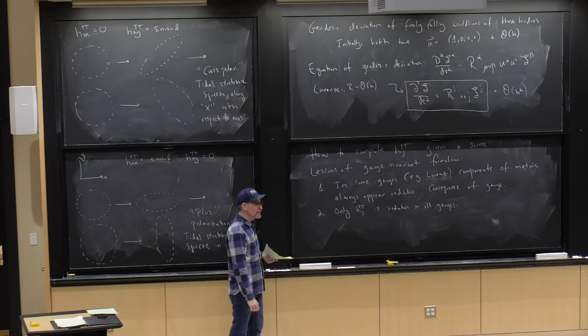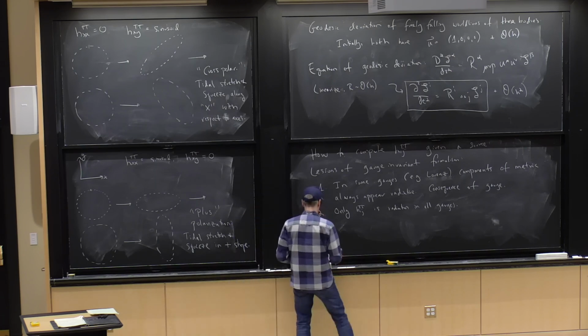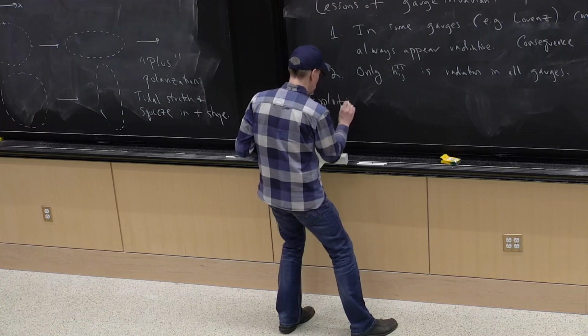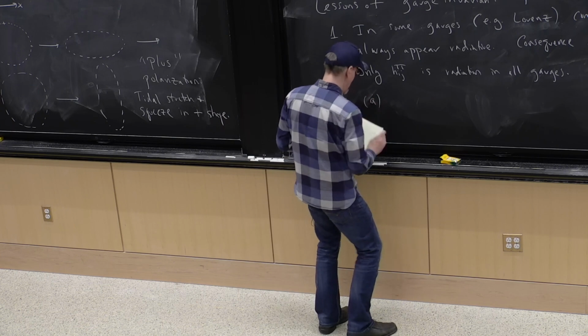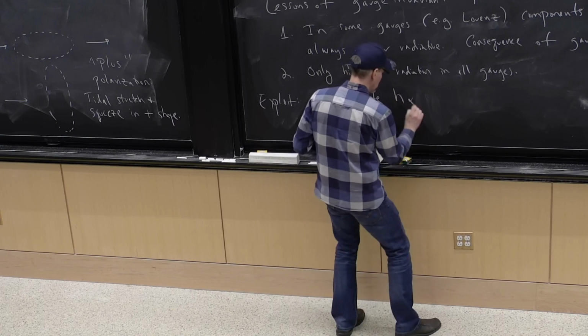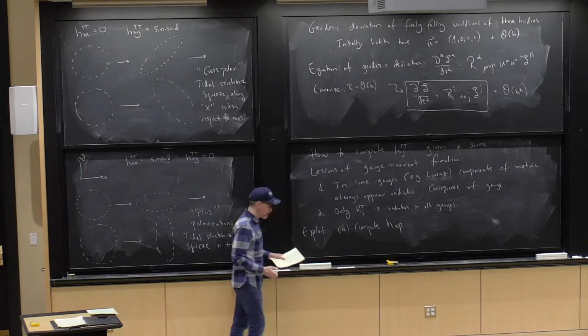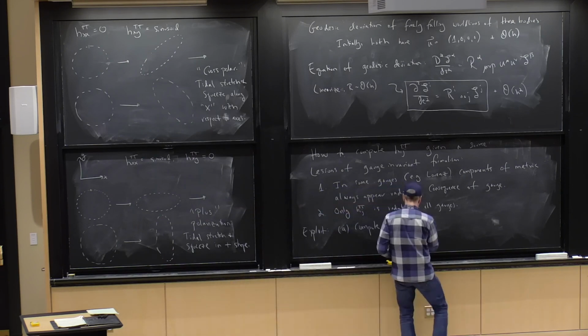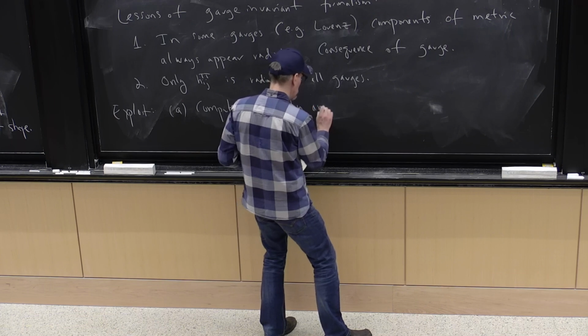So that was what the previous lecture was about. As I've emphasized, it was a slightly advanced one. I don't expect everyone to follow all details, but if you can grok these two main concepts, you're ready to exploit this in the following way. What you do is step A, compute. Find some metric perturbation in any convenient gauge by any convenient method.